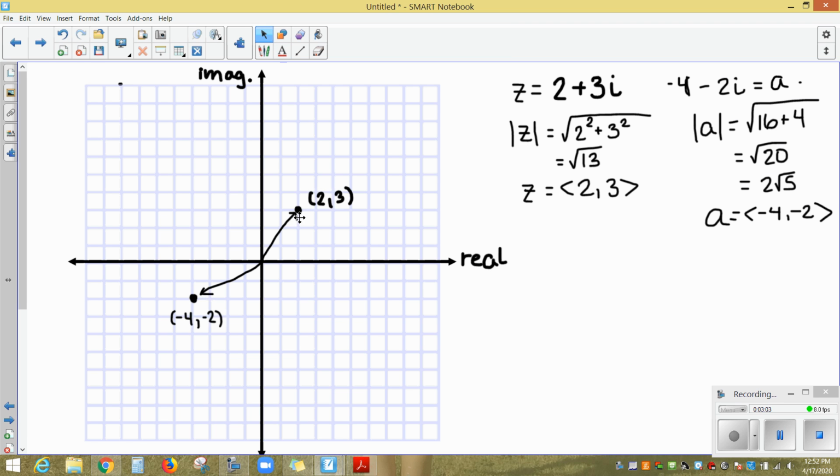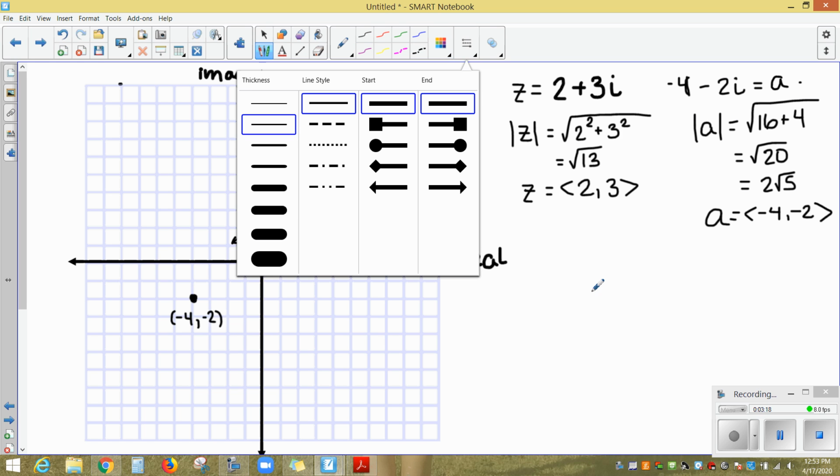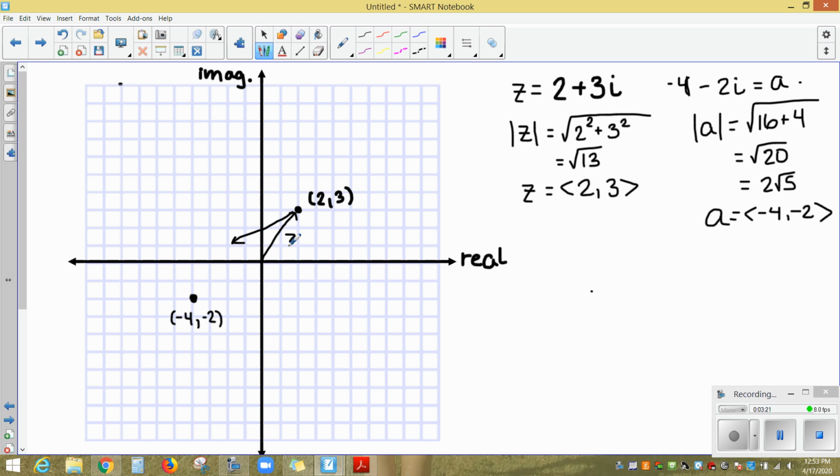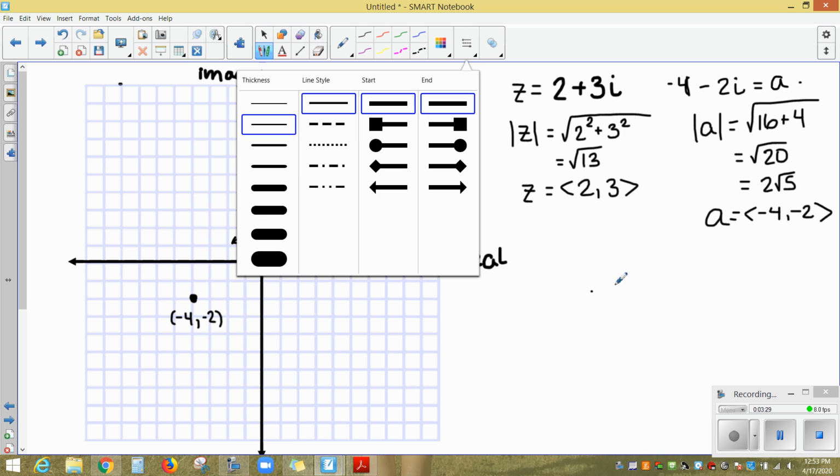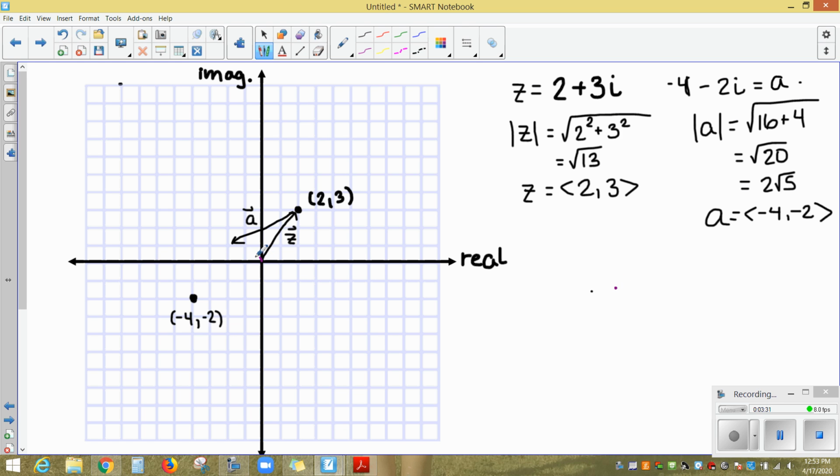So if I want to take z plus u, for example, in my crazy not straight line, I said u, but I mean a. If this is z and this is a, and I want to take z plus a, I would get this resultant vector here.